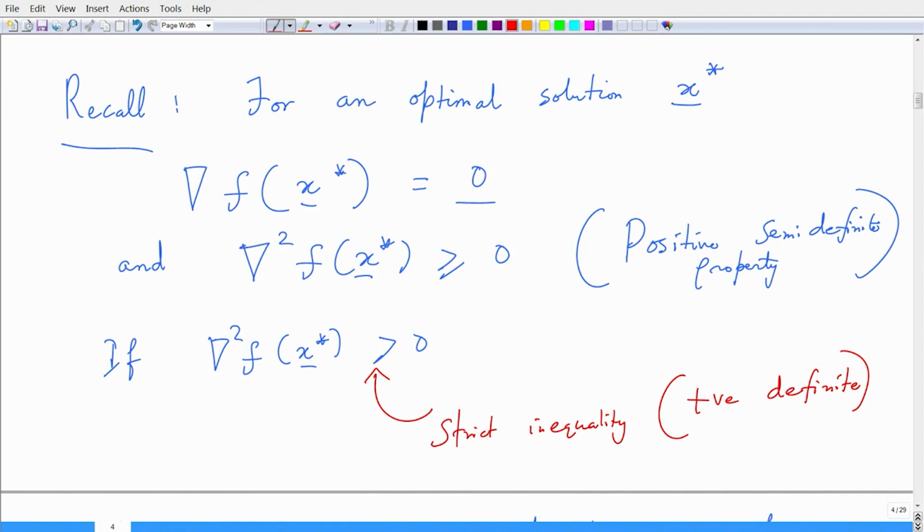Now, let us go back to our basic calculus. If we were to solve an optimization problem in general without any constraints, then the derivative of that objective has to be 0 and del square f has to be greater than or equal to 0, which is a positive semi definite property.